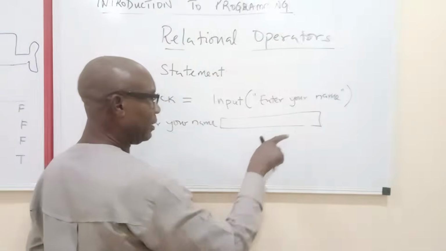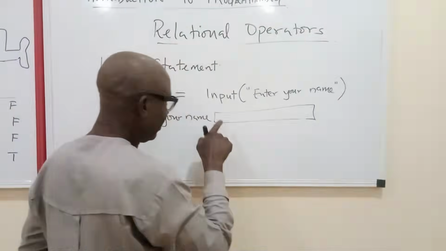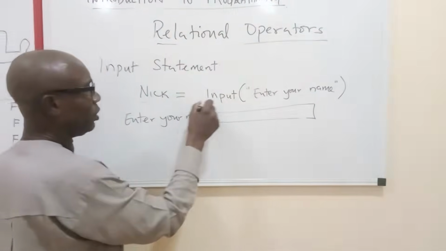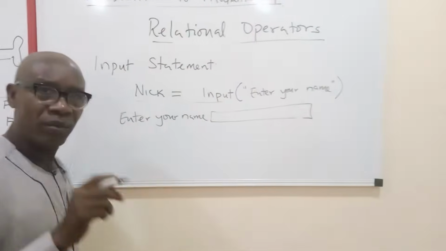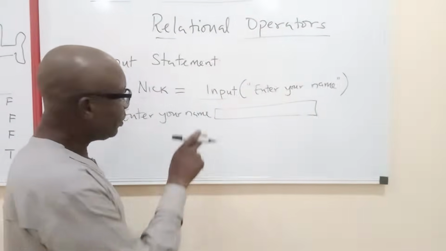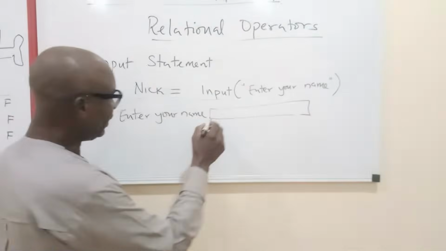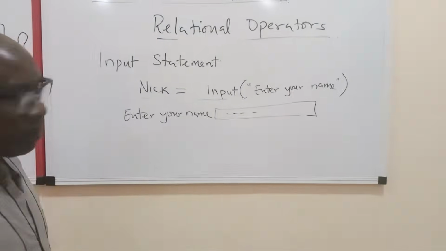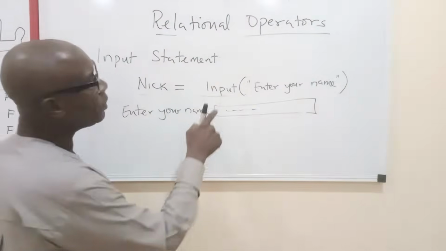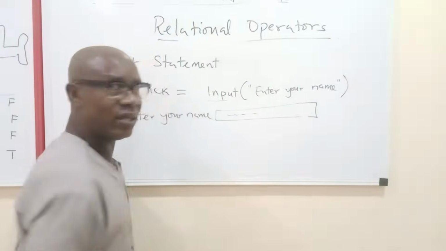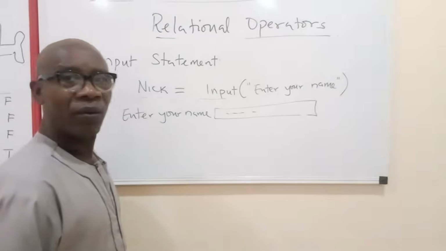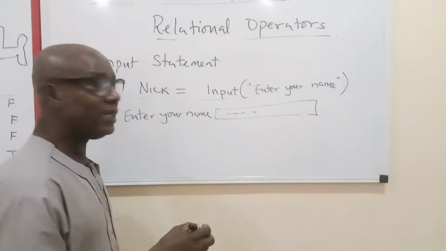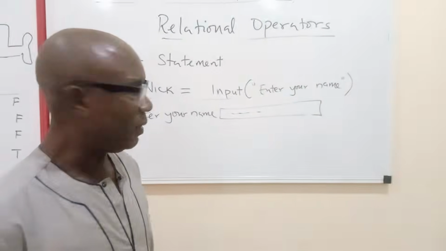Without that, the program will not run beyond this. It will be waiting for you to key in something. So you key in whatever you put here and you say enter. Note, whatever you key in here is a string, whether it's a number or whatever.